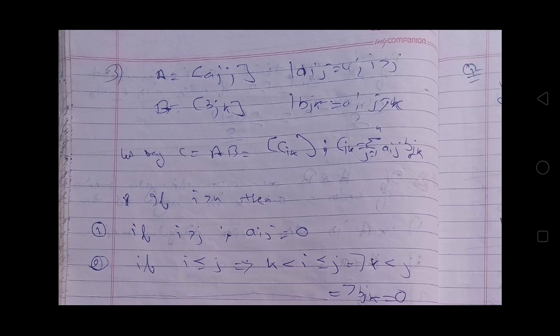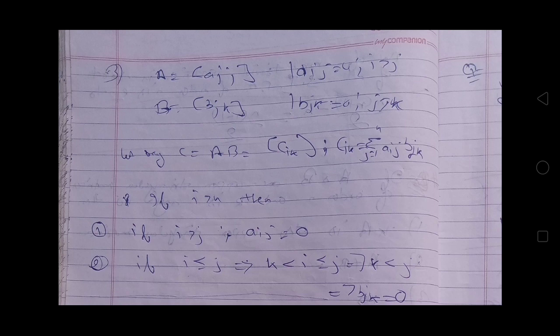The first case says if i is greater than j, Aij will be 0. The ik-th element of C, Cik, will be 0, as it will become summation over j from 1 to n of 0 into Bjk, which will be equal to 0.